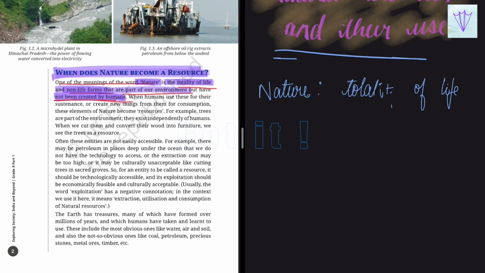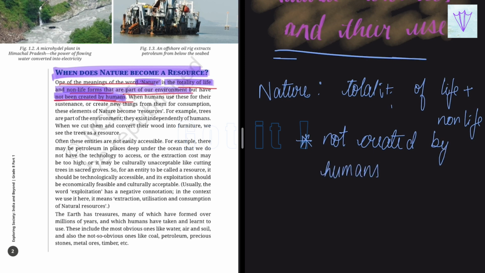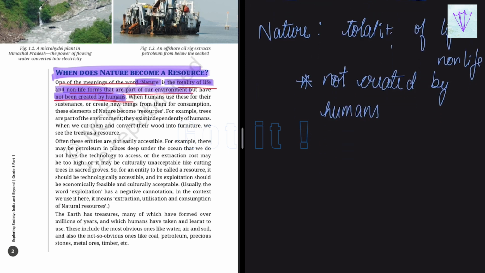So it has both biotic and non-biotic forms and is a part of our environment, but it is important to remember that it is not created by humans. We have not made nature. It exists and we are not involved in its creation.